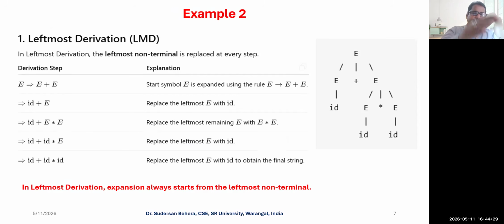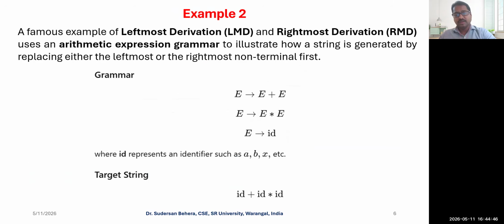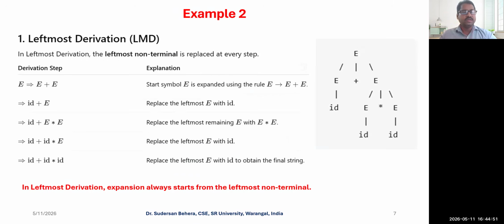Okay. So as it is leftmost derivation, you always try to replace the leftmost variable. So the leftmost E can be replaced with its production ID, because E has another production, as we have already seen, in the third line: E derives ID. So here the leftmost E is first replaced with ID. This is the explanation, because the first E is the leftmost variable.